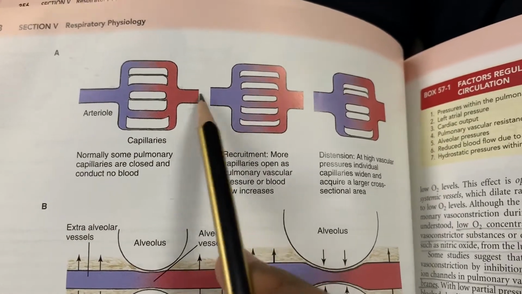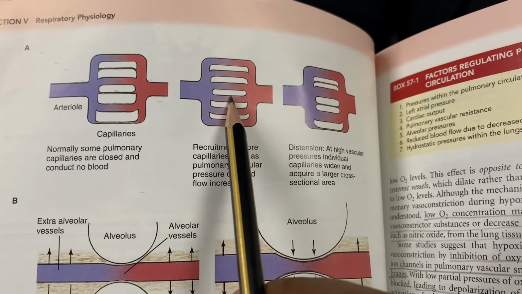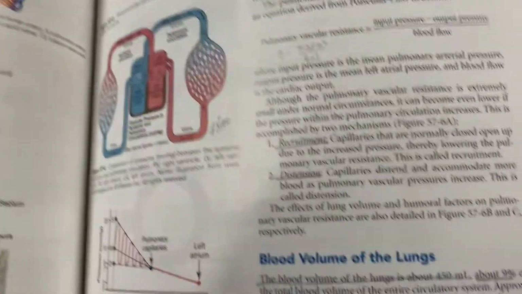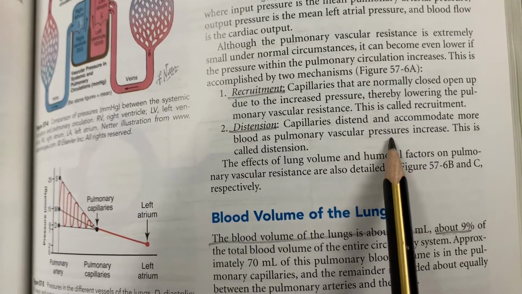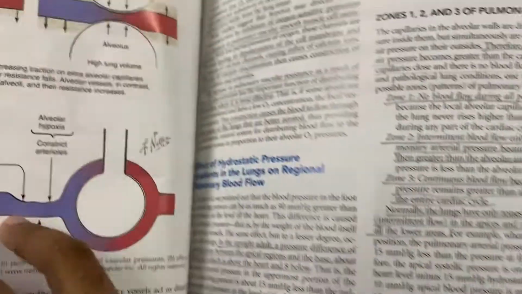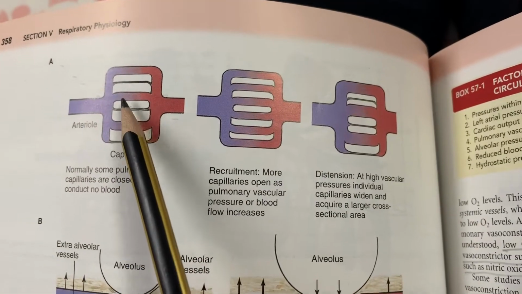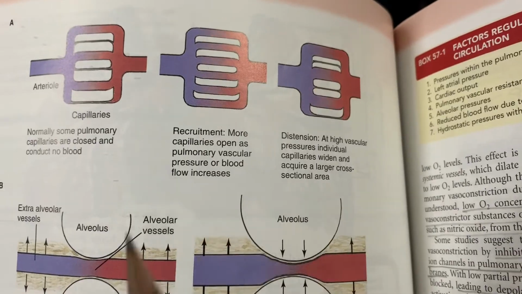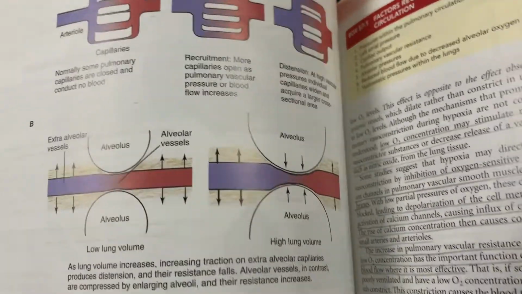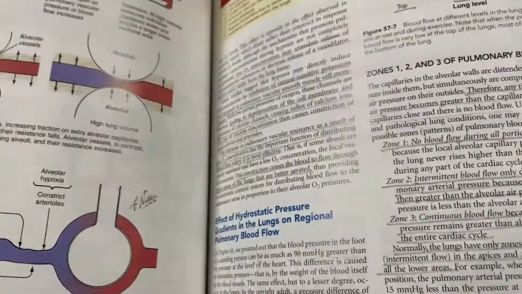Coming to distension, capillaries distend and accommodate more blood as pulmonary vascular pressures increase. This is called distension. What happens is the already opened capillaries distend more in order to accommodate the blood flow due to increased pressures, thereby decreasing the resistance.